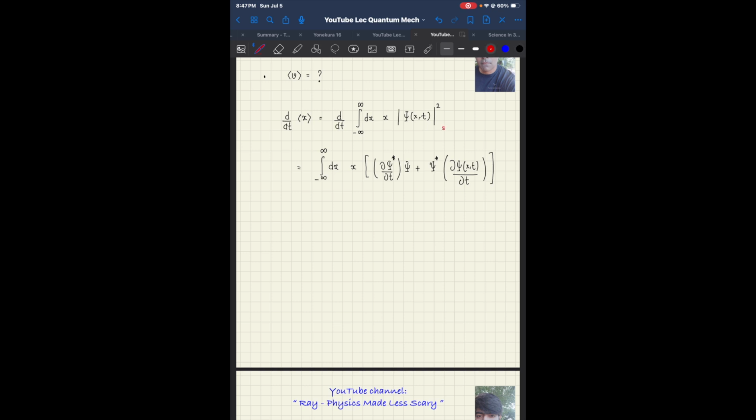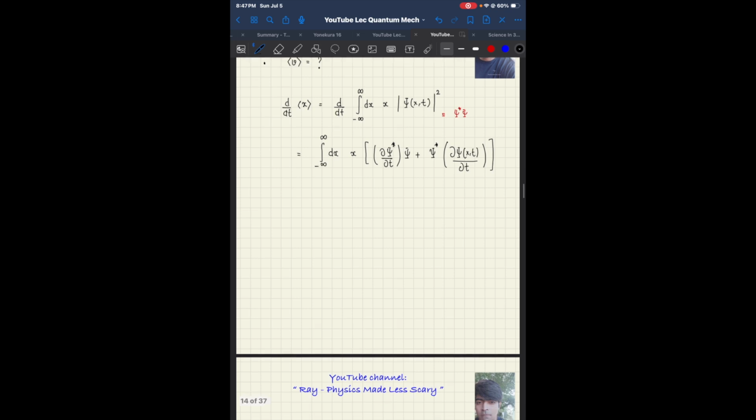I need not explain, because this is by definition psi star psi, and the d/dt operator distributes, so that's what I wrote simply.